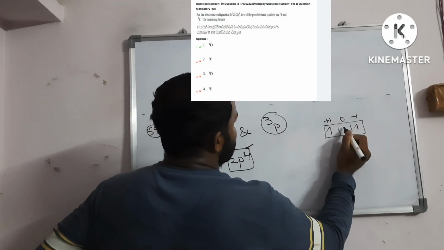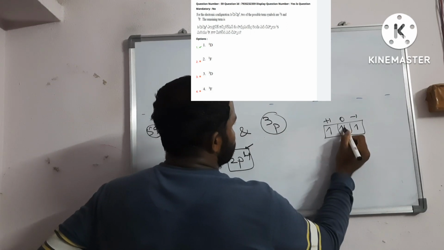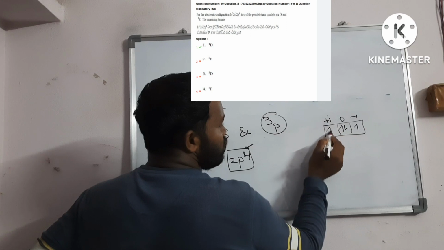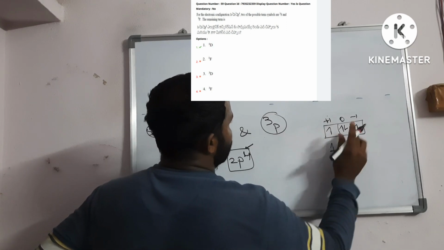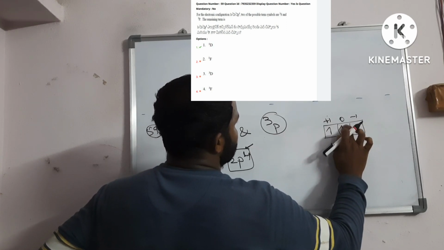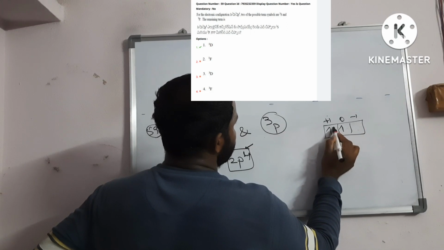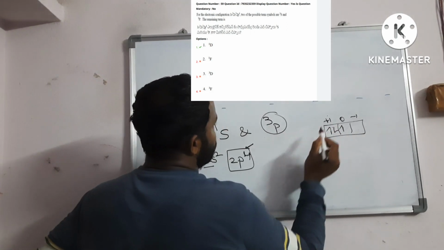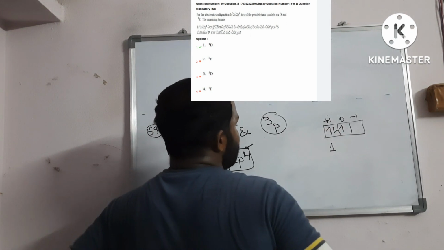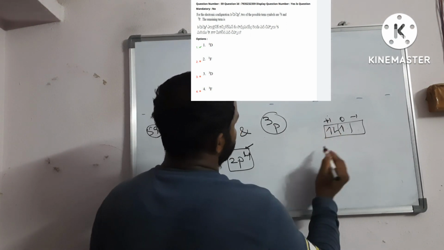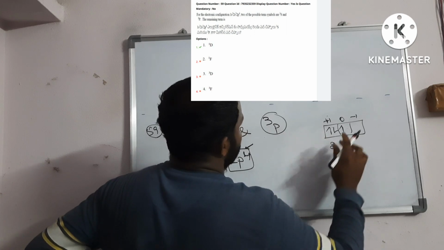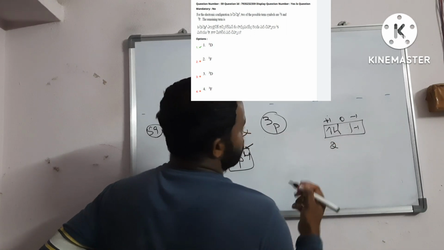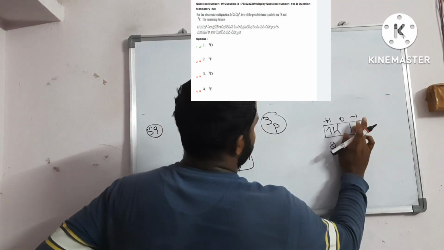Next, here I am writing 2 electrons. 1 into 2 is 2 you will get. Here if you write minus 1, I should write a minus 1 electron.